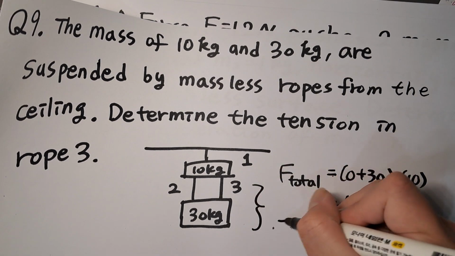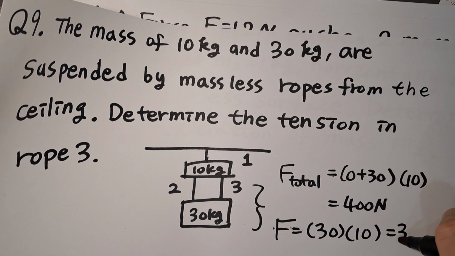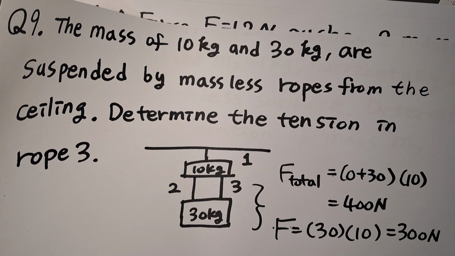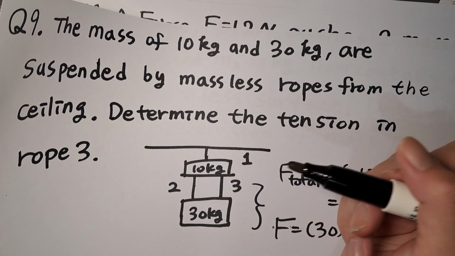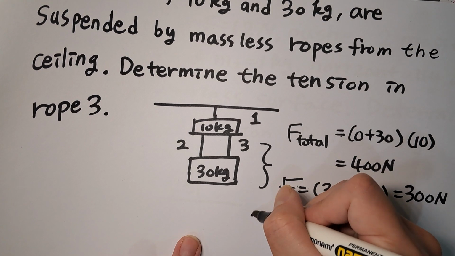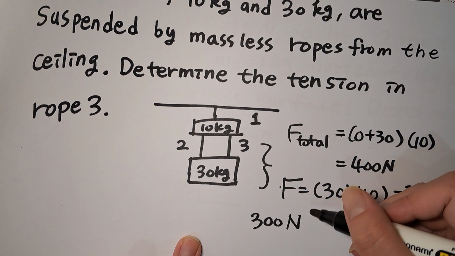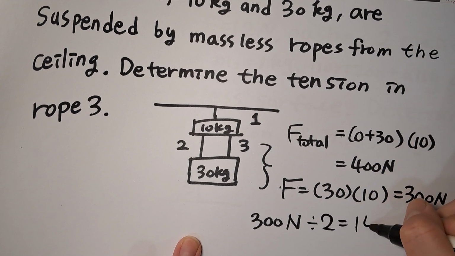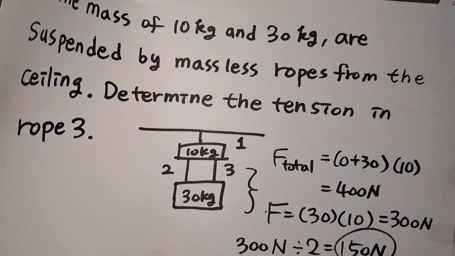So this force is going to be this. The forces of tension 2 and tension 3 are the same. So we are going to divide 300 Newton by 2. So 150 Newton is going to be the answer.